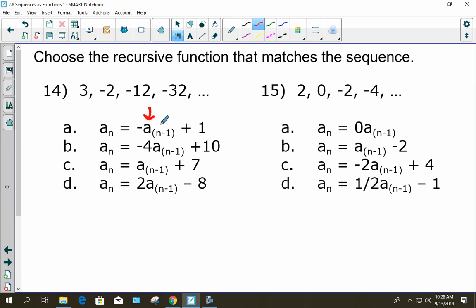Now, you can't just find the first one that works and say that's it. So this would be negative 3 plus 1. Is negative 3 plus 1 negative 2? Yes, but we don't stop there. We then go to the next one. Is negative 2 plus 1 negative 12? No, this is going to be negative 1. So that's not the correct one.